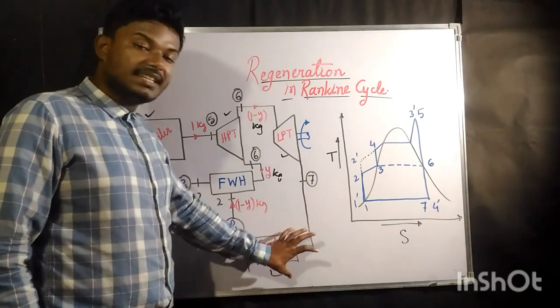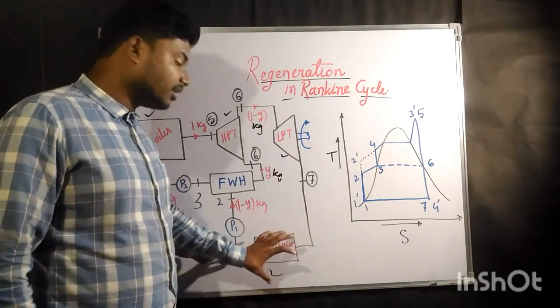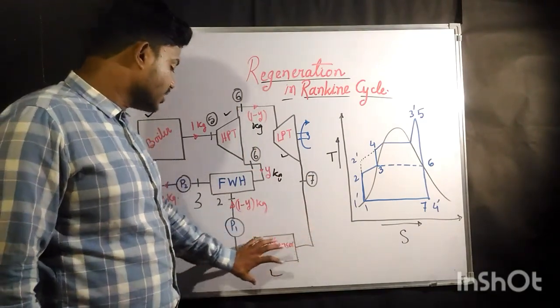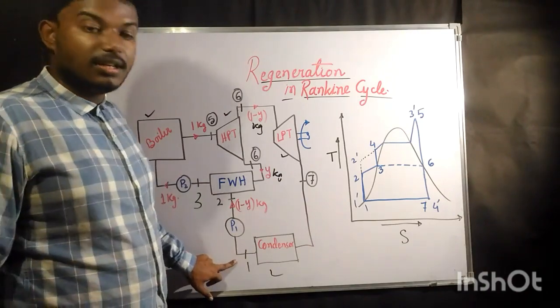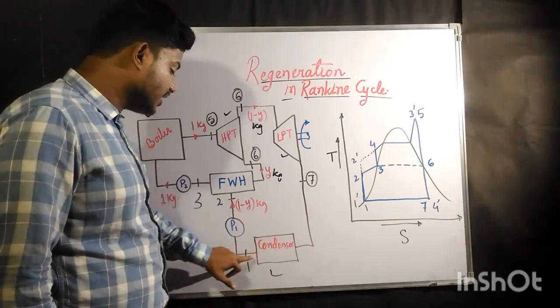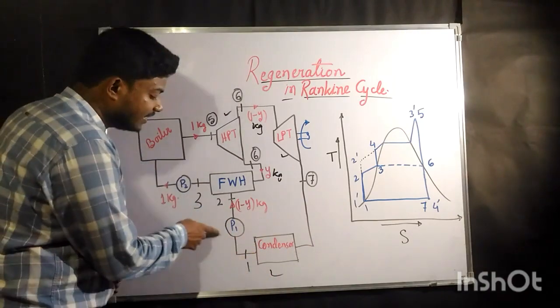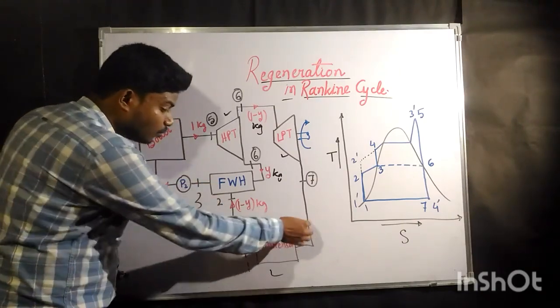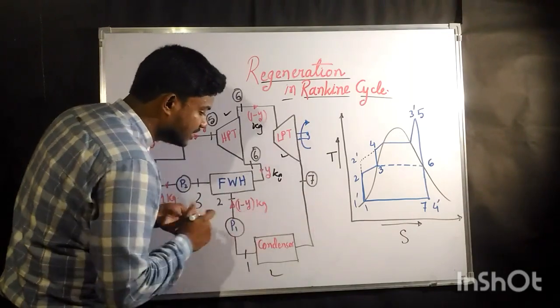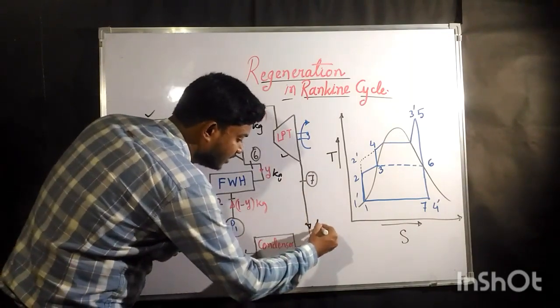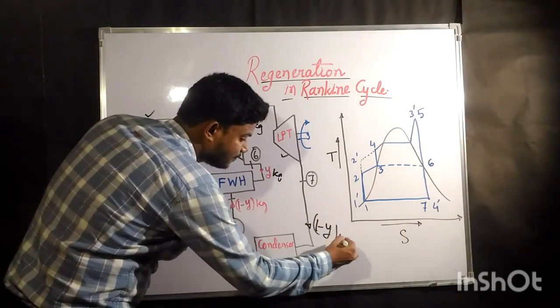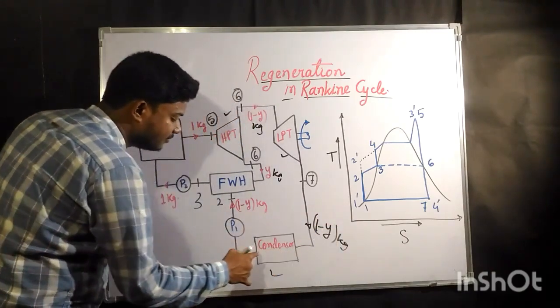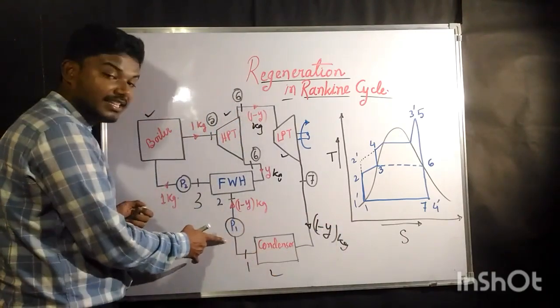So whatever steam or water vapor mixture was there has completely come out of the condenser. It is now being pumped out by pump 1. The amount coming out from here is 1 minus y kg only.